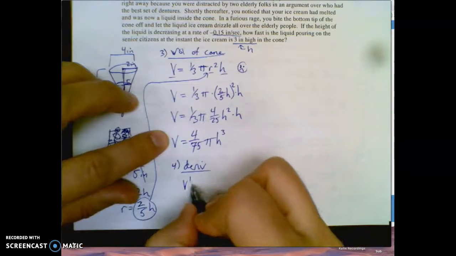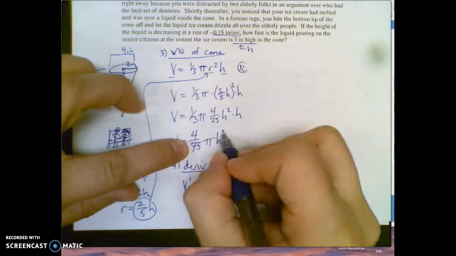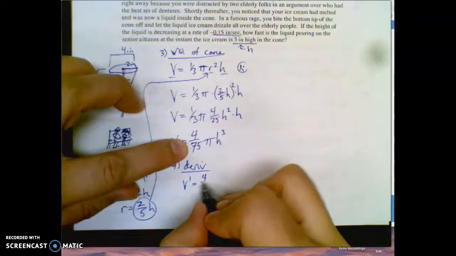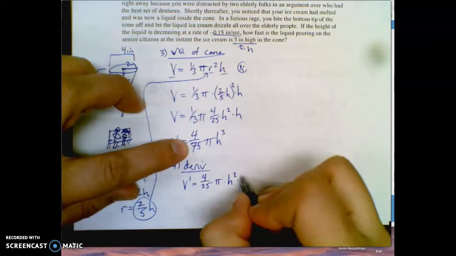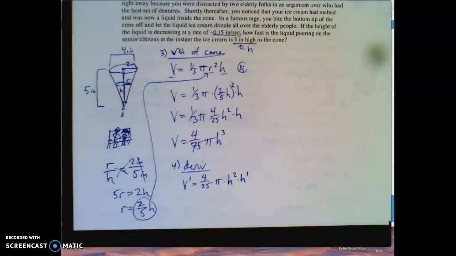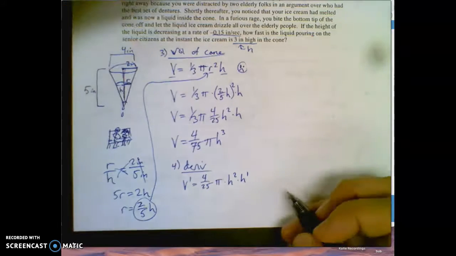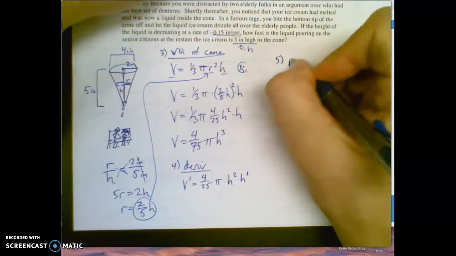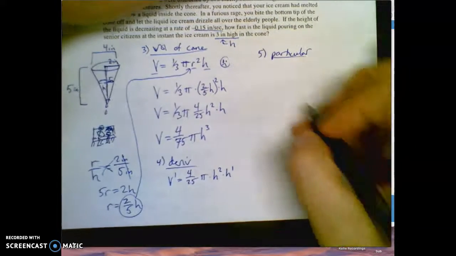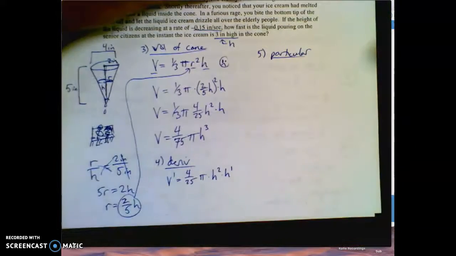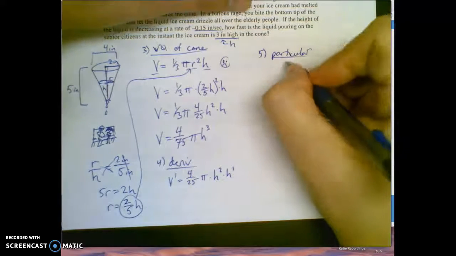So v prime, and then I got 4 over 75 times 3, which is 4 over 25. We have pi times h squared h prime. Implicit differentiation. Then I look for my particular. See, I'm labeling this, so it's a good idea when you take this thing to label your stuff.